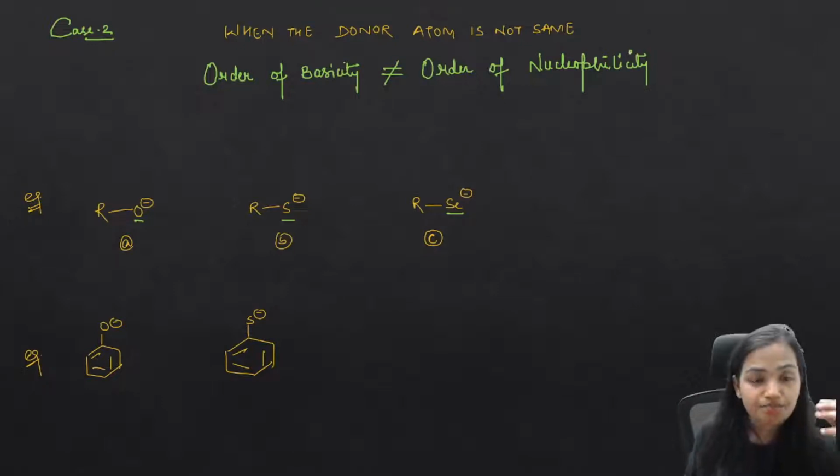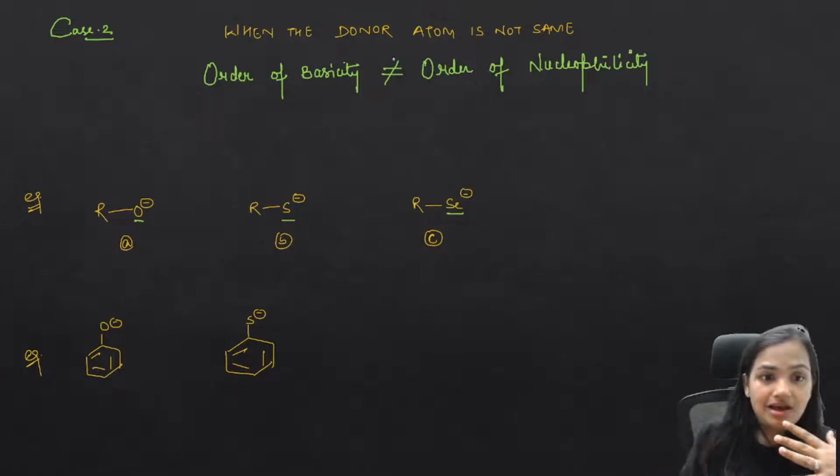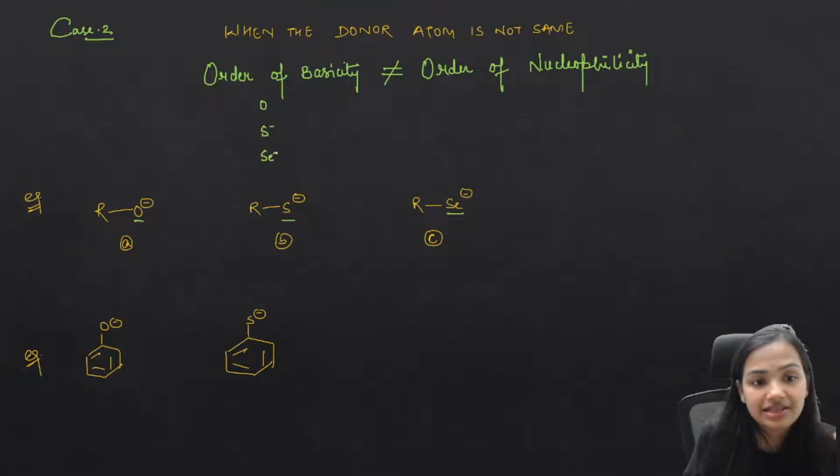Why? Because a species, to act as a base, has to form a strong bond with H positive. If I have O negative, S negative, Se negative, the first is a small size atom, and as we go down the group, the size increases.